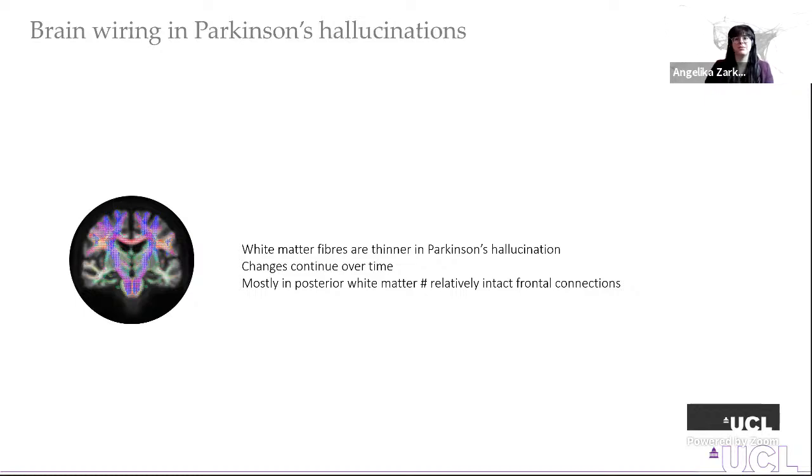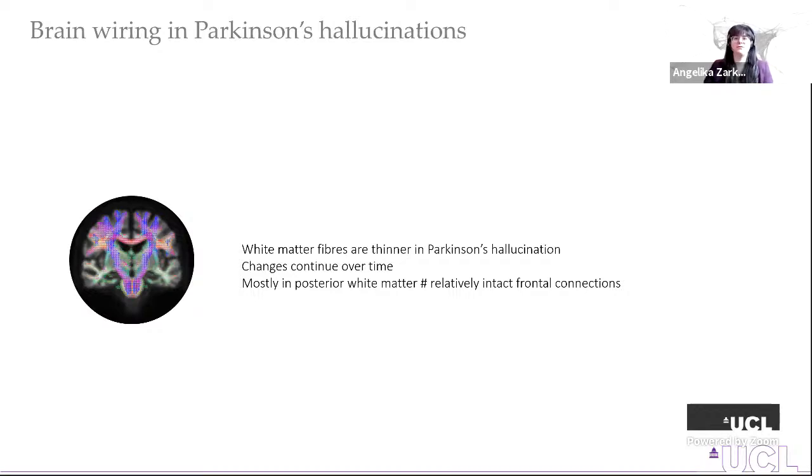And this is interesting because more frontal connections, and connections between more frontal and more posterior brain regions, are more likely to be involved in these top-down influences in perception, in the prior knowledge. So having intact or relatively intact frontal connections may explain why people with hallucinations show this over-reliance on prior knowledge.